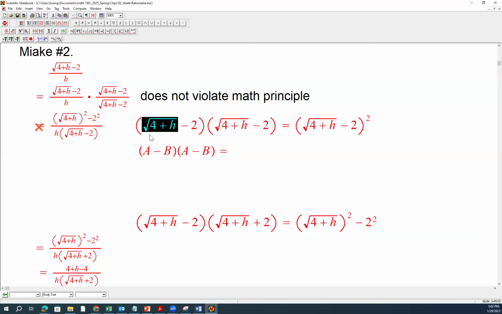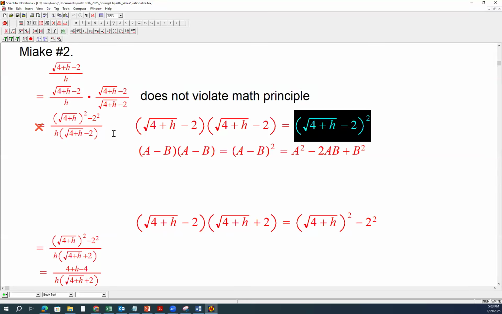So a minus b, where b is 2, is a minus b squared, and that equals a squared minus 2ab plus b squared.